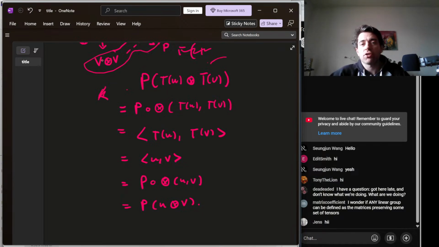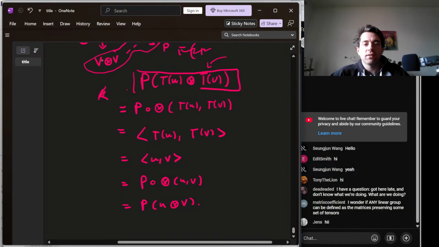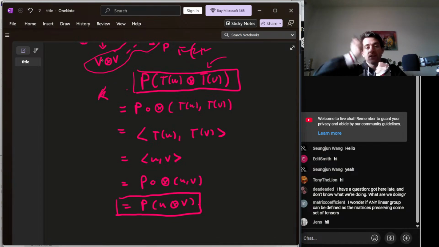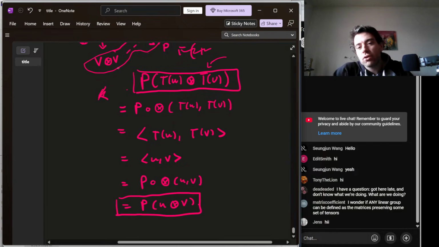Asking that we have some linear transformation that preserves that bilinear map is the same as saying that linear transformation, sort of the induced linear transformation on the tensor product, preserves this linear map. So the map doesn't see whether you applied T before you applied this map P or not. That's not quite the same as preserving a collection of tensors necessarily, but it's pretty close.